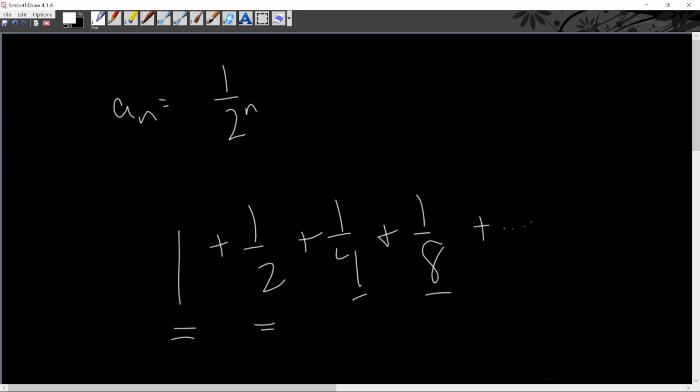K is equal to 1, and this becomes a new partial sum. K equals 2, this becomes a new partial sum. K equals 3, this becomes a new partial sum, and the limit as k approaches infinity of S sub k, or the sequence of partial sums, should be the same as the series itself, the value it goes to, if and only if this series converges at all, which we will try and prove.